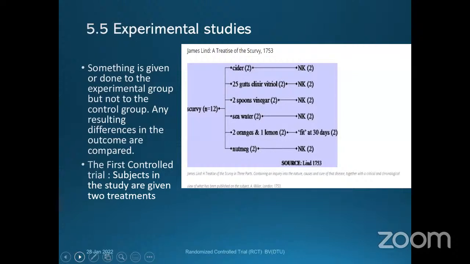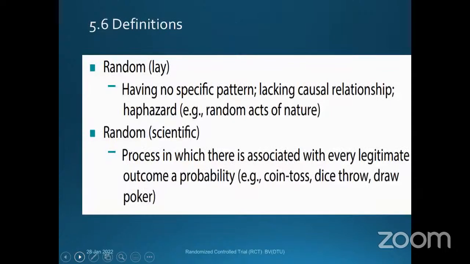So the experimental studies of Lind, I have already told you what he did, and how oranges came into vogue. And so what is random? Random, in layman's terms, is having no specific pattern, lacking a causal relationship, haphazard, random acts of nature.